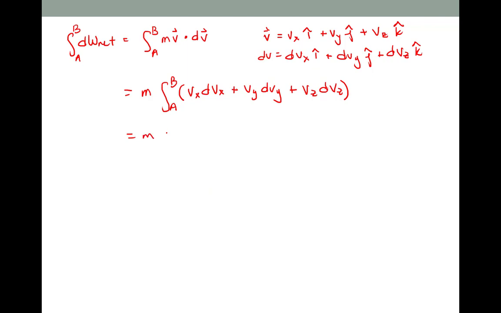Okay, well, I can do these integrals. Each one is the velocity multiplied by the differential element of that velocity. So each one will take the form of 1/2 times that velocity component squared. Okay, and that's all evaluated from A to B. Well, I'm going to pull that factor of 1/2 out in front.